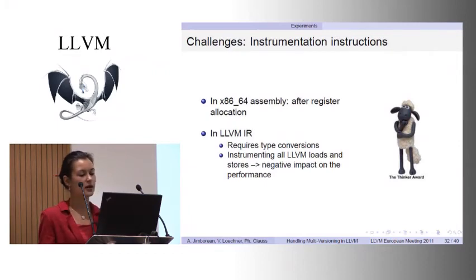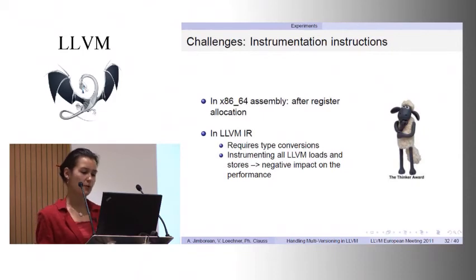Because in LLVM IR, we have to instrument all loads and stores, and this has a negative impact on performance because afterwards these loads cannot be eliminated. LLVM considers them as in use and does not eliminate them, so we have more memory accesses. However, we perform instrumentation on the LLVM intermediate representation for some other purposes. We will discuss this at the end.